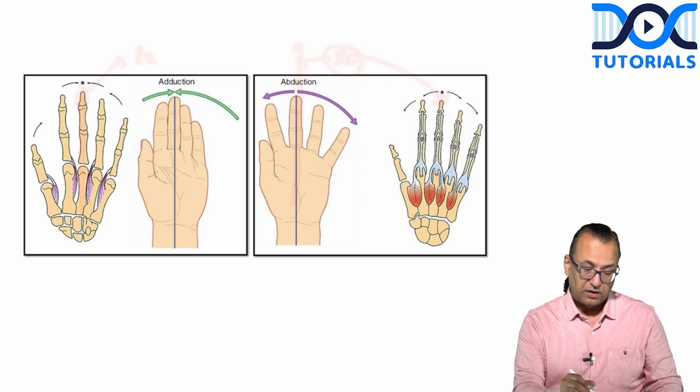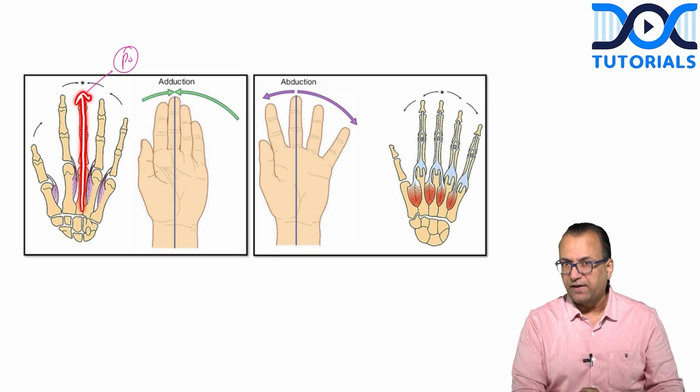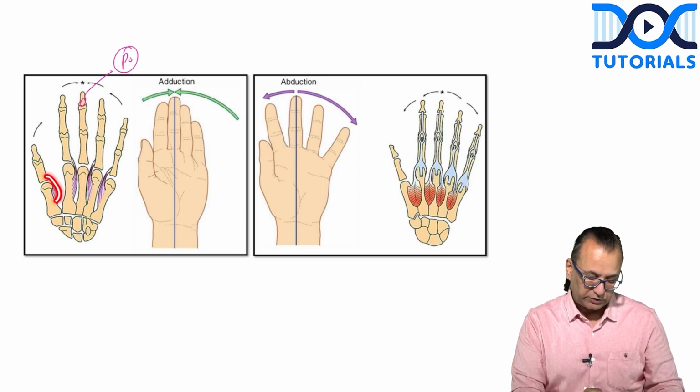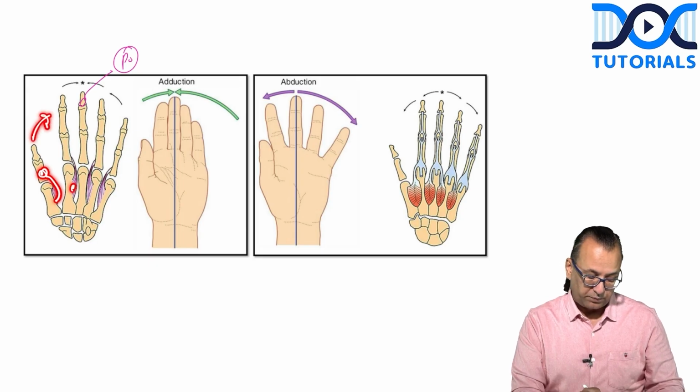Why? P0 means on the middle finger, you have no attachment of any palmar interossei. Palmar interossei pull this finger to the midline, so palmar for adduction.